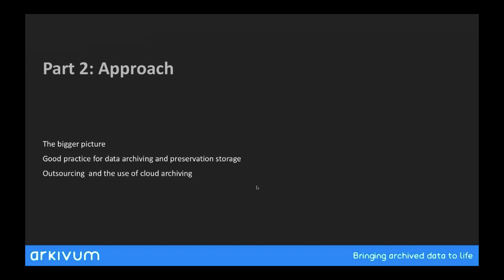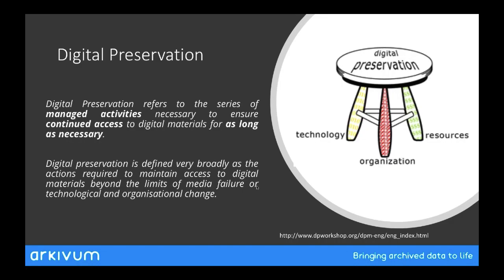So now we get to part 2, which is about solutions. So how do we put that good practice into effect? Well, before looking at it in too much detail, I just wanted to take a step back and put research data storage in context, that it is part of a bigger picture of digital preservation, which is all the activities necessary to ensure continual access to digital materials for as long as necessary.